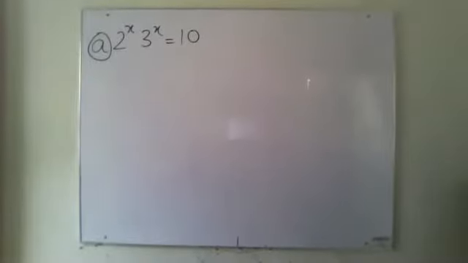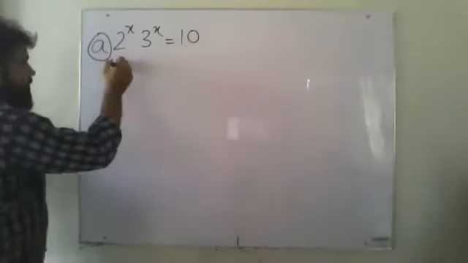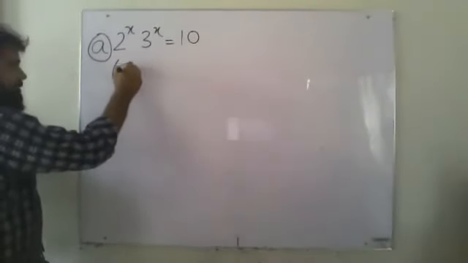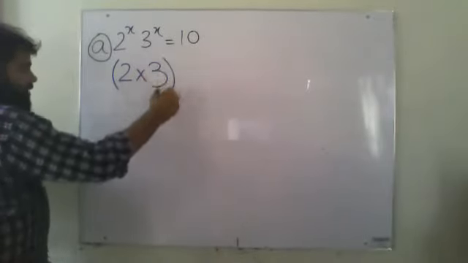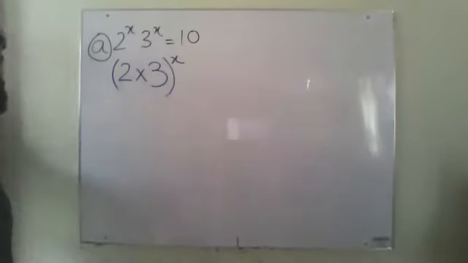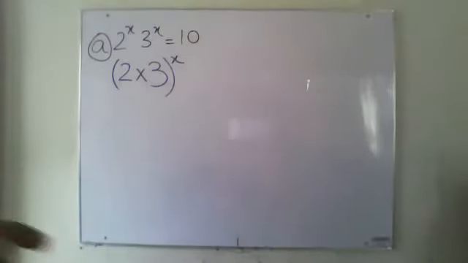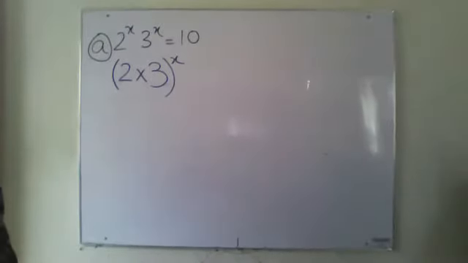So what I am going to do over here, beta, is write them in a single bracket with whole power x. And you guys know that we can do this. Okay.